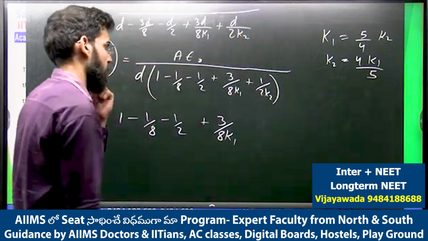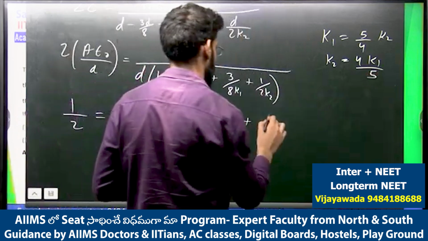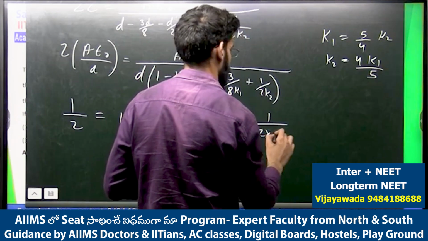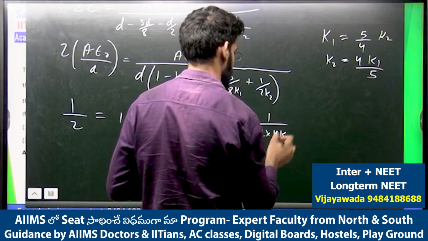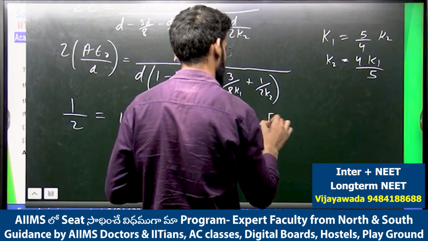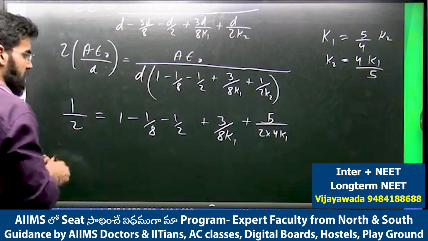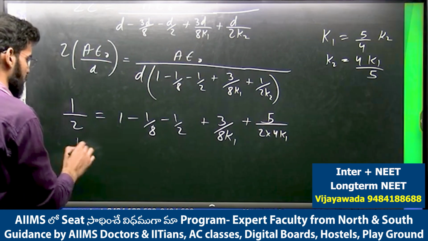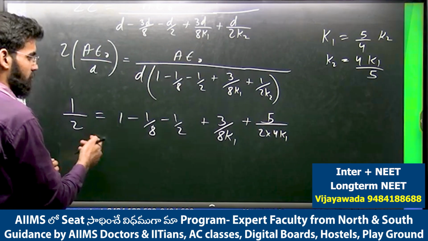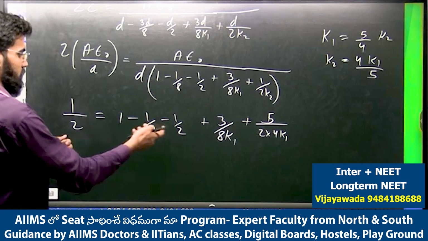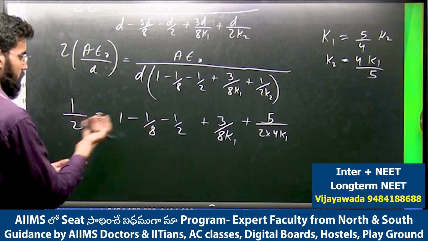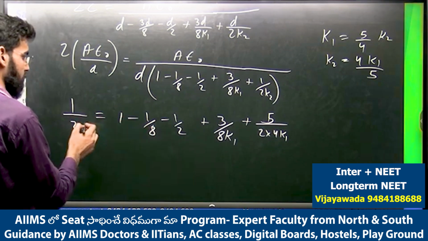Okay, so the K2 value I can put here. Plus 1 by 2 into K2, which is 4 K1 by 5. 5 will go in the denominator. Okay, that's it. Next, 1 by 2 you keep, and all these things you bring this side. So what you will have: 1 by 2 plus 1 by 2, 1.